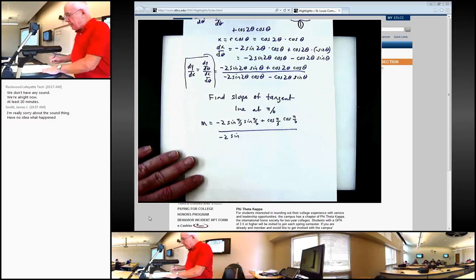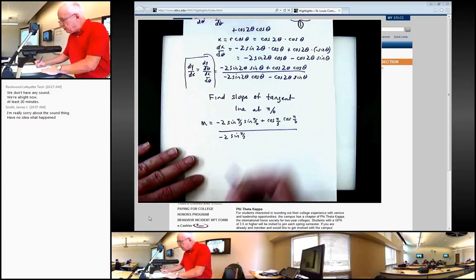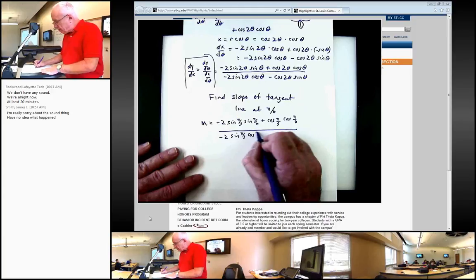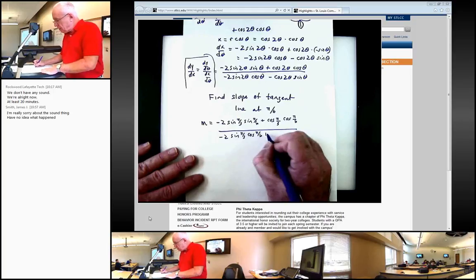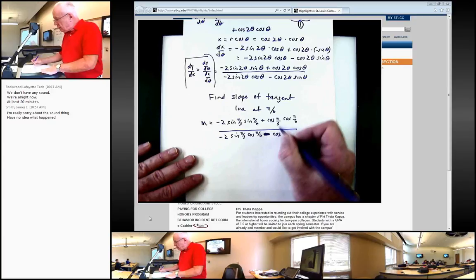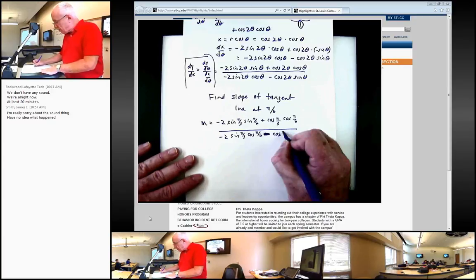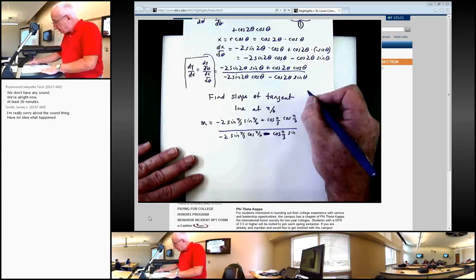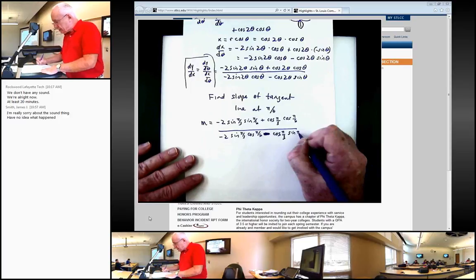Sine of 2 theta again, so that's going to be pi over 3. Cosine of theta, so that's going to be cosine of pi over 6. Oops, that's a minus. Cosine of 2 theta, again, that's pi over 3, times the sine of theta, sine of pi over 6.